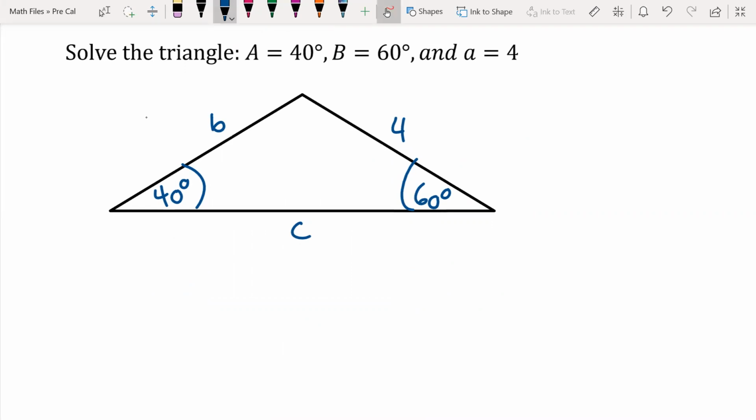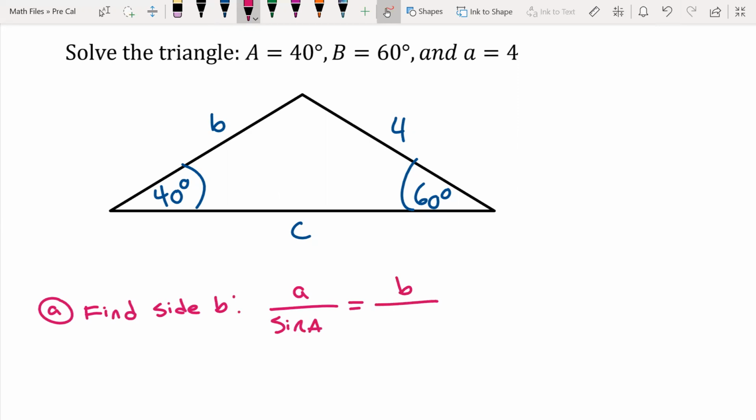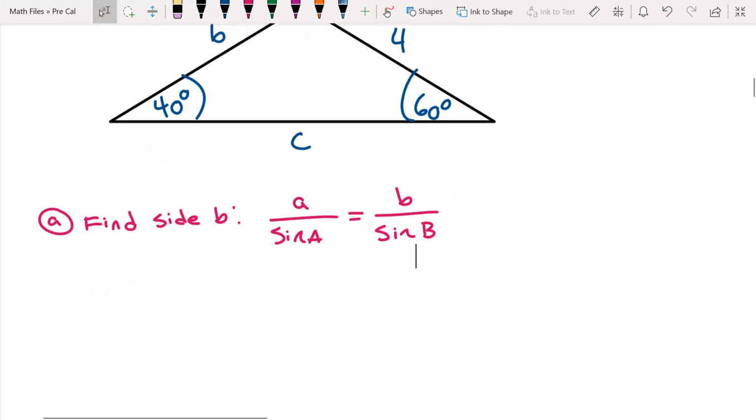So we're going to find side B. Actually, if we're doing sides, we're going to use A over sine A equal to B over sine B. Okay, so plug in what we know.